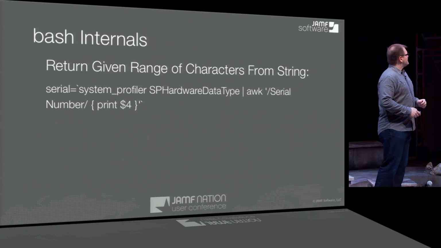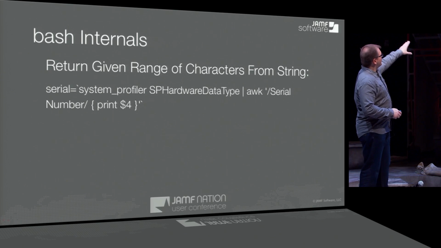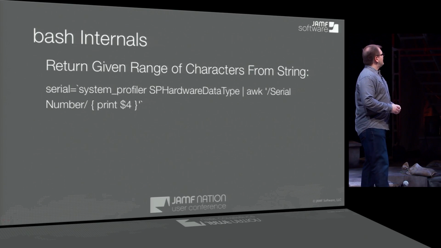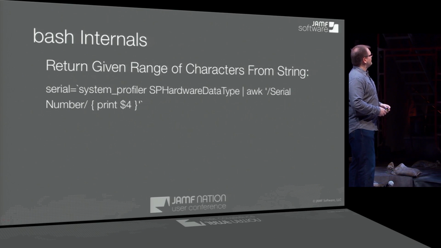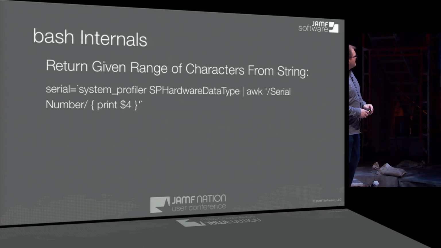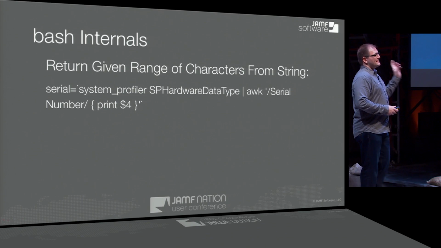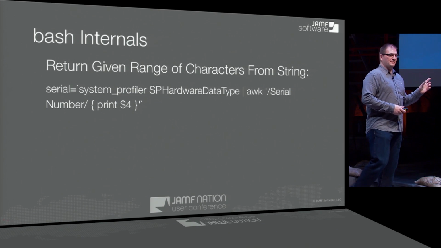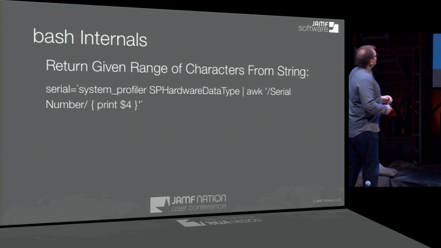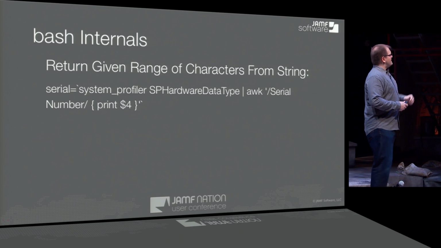So here, using some stuff we looked at already, right? I'm defining the variable serial as being the results of System Profiler. Now this SPHardwareDataType, if you've never seen that before, that's simply telling System Profiler to only return one section of its output, the hardware section, okay? And now in my awk command, there's another new piece here, right?